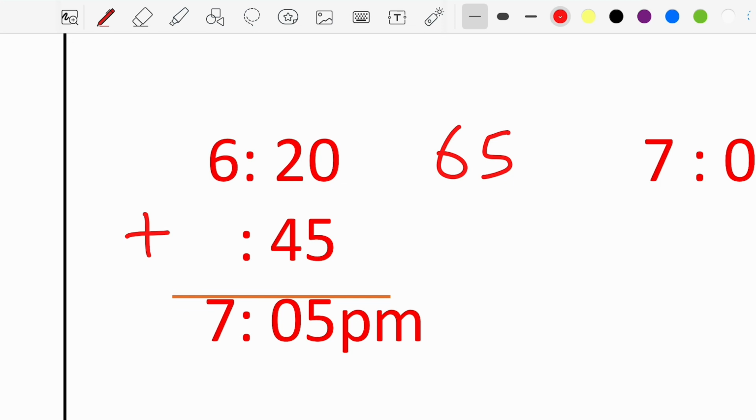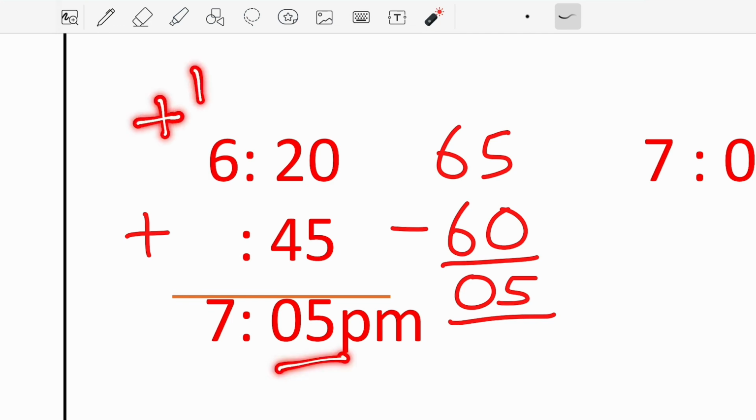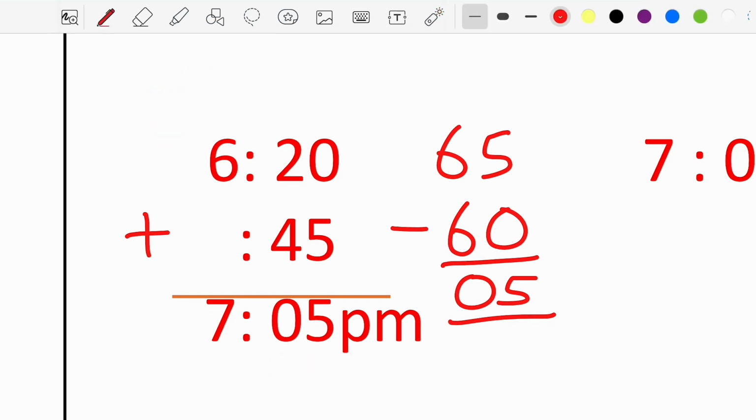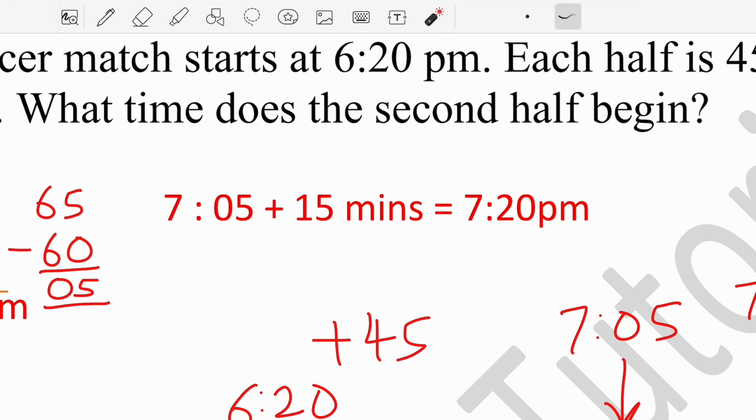So we are going to take away 1 hour. We remain with 5 minutes. We're going to put 5 minutes in the minute section, and we're going to add the hour to the hour section. So that's 7:05. So 7:05, and then we add 15 minutes, which is much easier. We get 7:20.